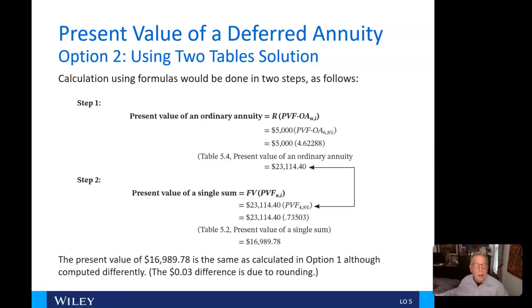Yep, and that's exactly where that comes from, table 5.4. And that gives him 23.14. Then he's going to take that present value of this single sum and discount it back to the present. And we go grab that. I think that's table 5.1. I'll check that.